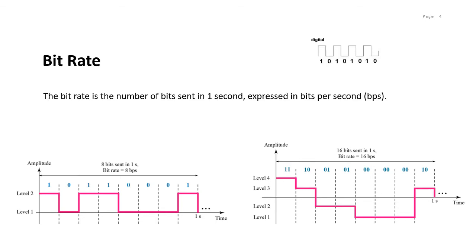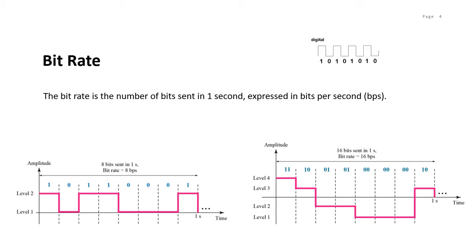Next, let's move to bit rate. Okay, most digital signals are non-periodic, and thus period and frequency used for analog signals are not appropriate characteristics for digital signals. So we use another term called the bit rate instead of frequency to describe digital signals. The bit rate is the number of bits sent in 1 second, expressed in bits per second, or bps.